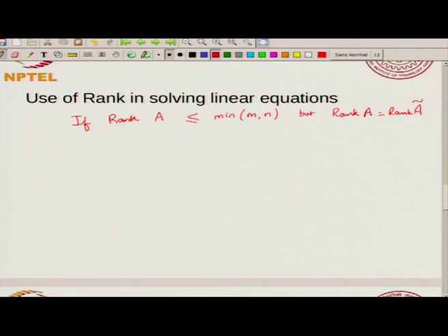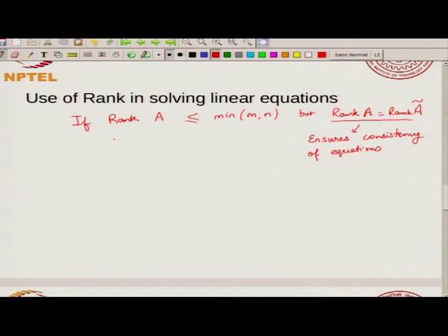Suppose you had a case where the rank of A is equal to the rank of A tilde. This ensures consistency, which means the equations will not be inconsistent. When the rank is less than or equal to the minimum of m and n, you can have more than one solution.